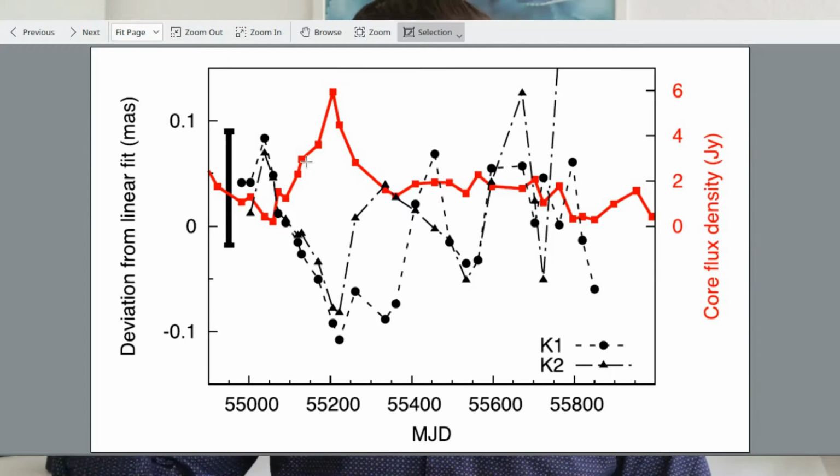It brings higher particle densities, so it not only increases the flux density of this region, but also increases opacity. And the parent core has to move downstream to let the particle density drop a little bit due to expansion of this blob to become transparent again.